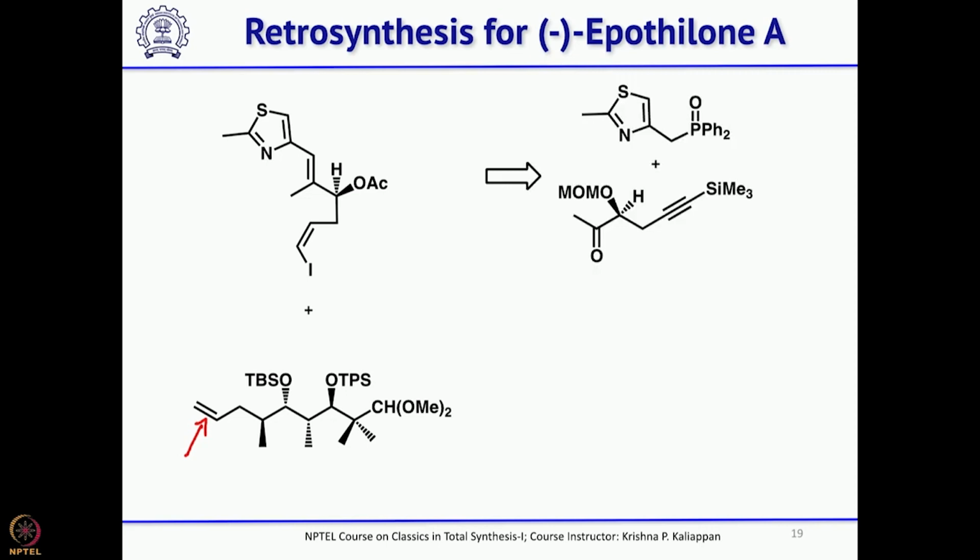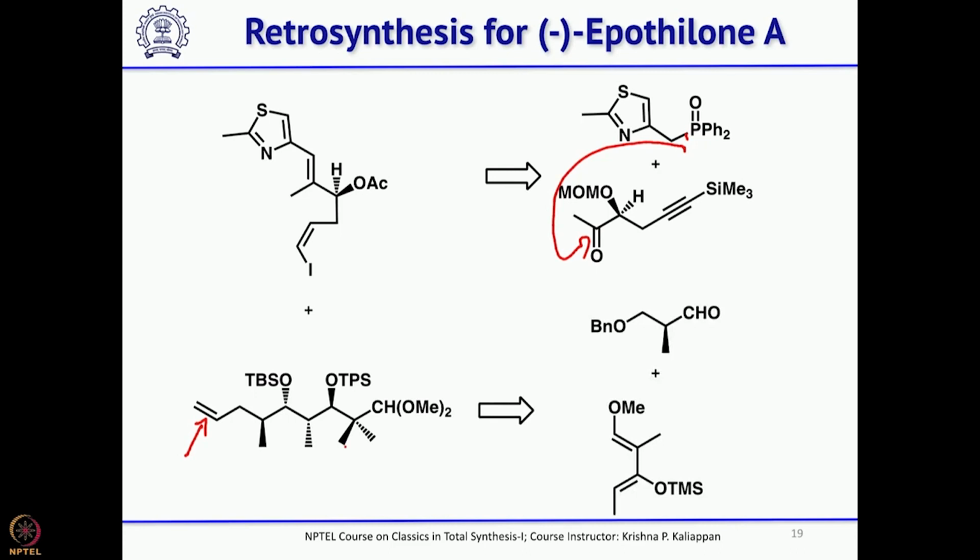The other side, you can see these two can undergo Wittig reaction to get the double bond. Okay. And this particular molecule, in principle, can be obtained between this substituted Danishefsky's diene and this aldehyde using hetero-Diels-Alder reaction.